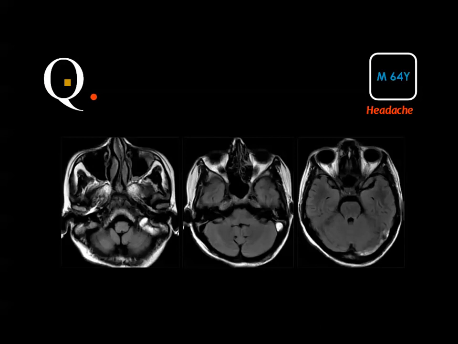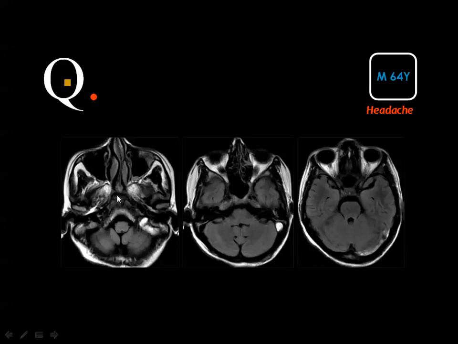Male, 64 years old with headache. Axial T1 weighted images showing normal finding. Is there a lesion? Left or right?